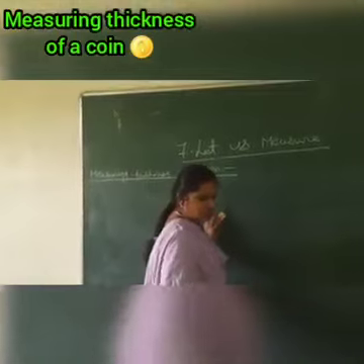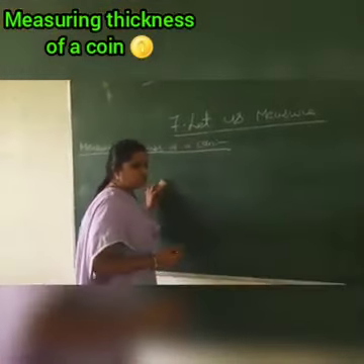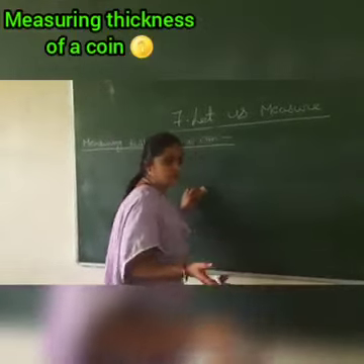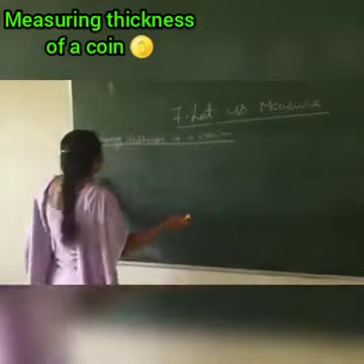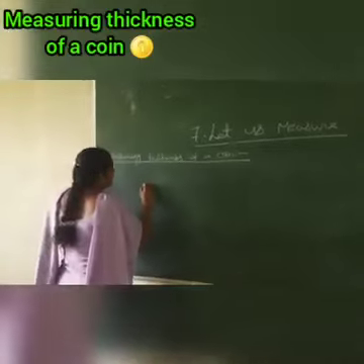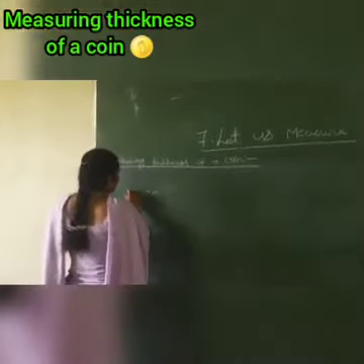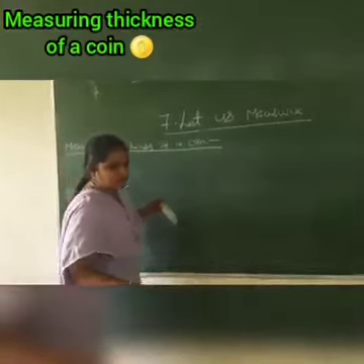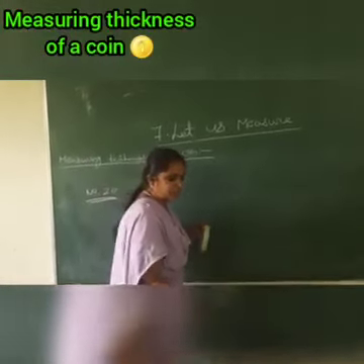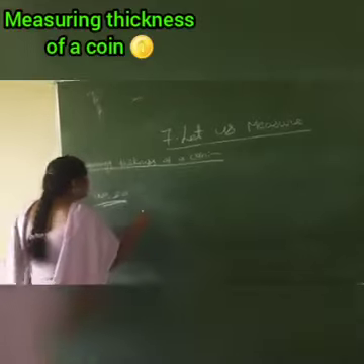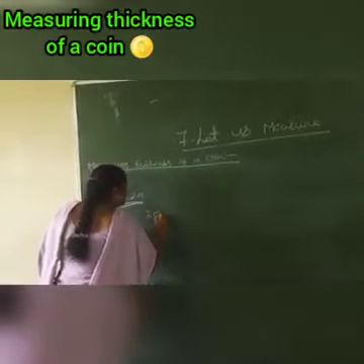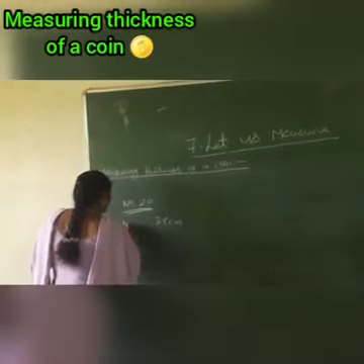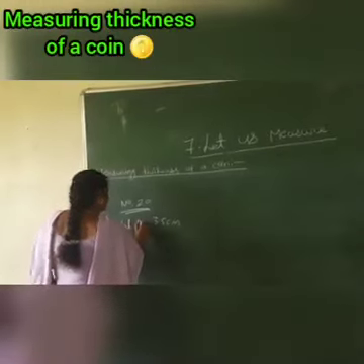So in that experiment we find the thickness of a coin. We take 20 coins, and the total thickness we got in this experiment is 3.5 centimeters.